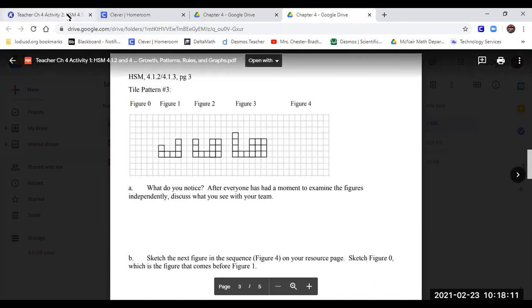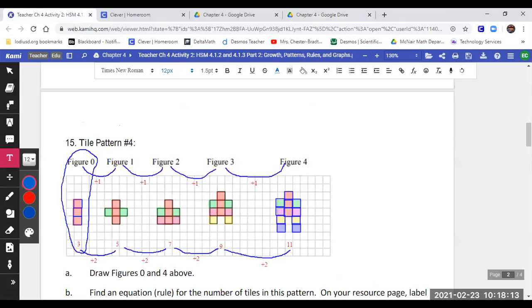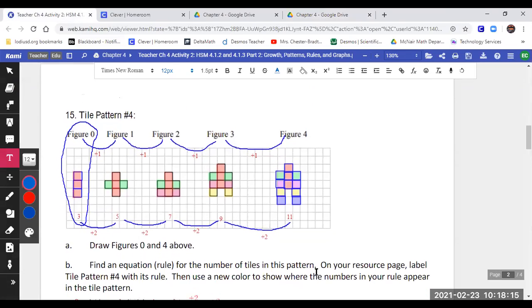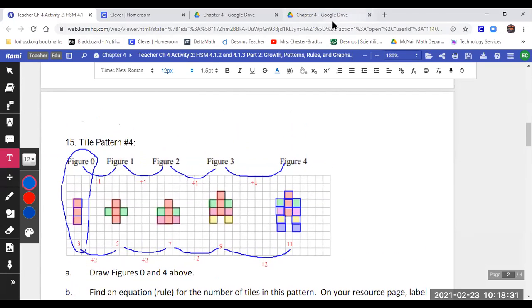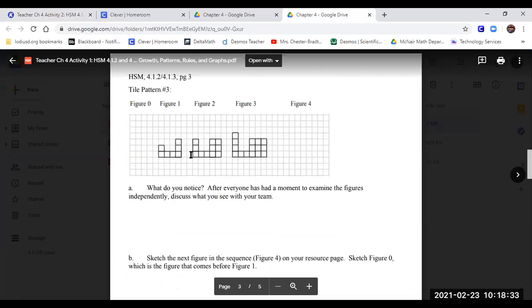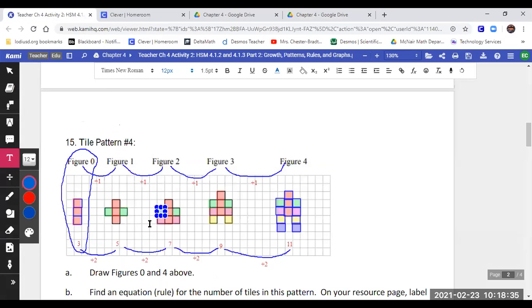What was happening differently visually? How did they change pattern 3? How did they change pattern 4? That's what's different, how they changed it.